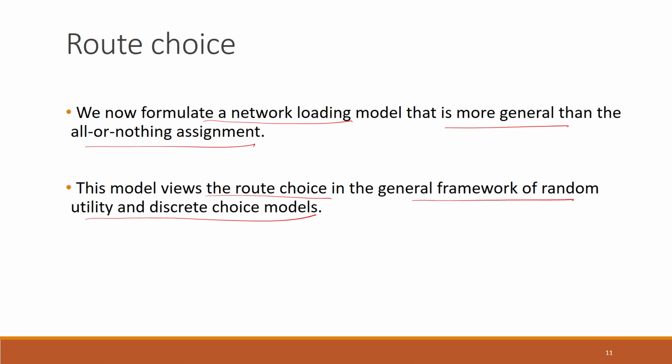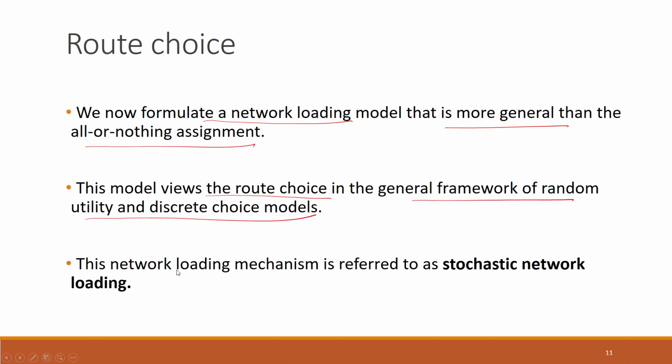So this framework that we will be developing for the stochastic user equilibrium will be more general than the framework we developed for the deterministic user equilibrium. If we have all the error terms equal to 0 in this framework, then it will be exactly equal to the user equilibrium formulation in the deterministic case.